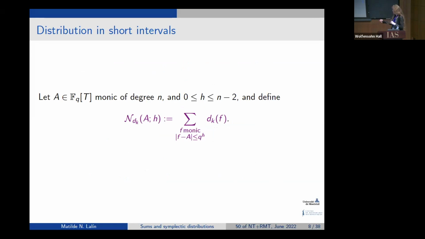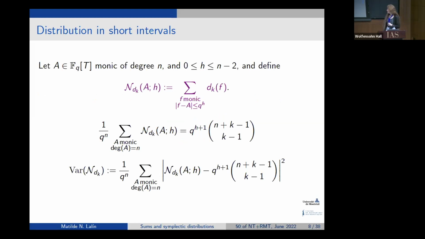Remember that this distance is q to the degree. So basically, if f minus A has a small degree, that means it's close to A in the sense that the first coefficients of f coincide with the first coefficients of A. So that's the intuition.